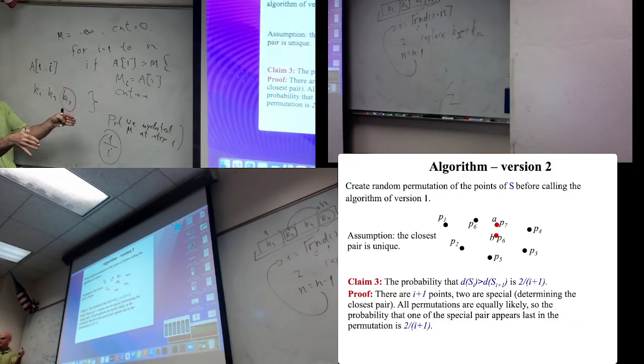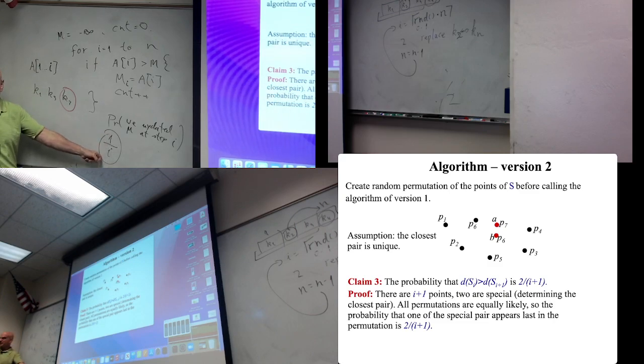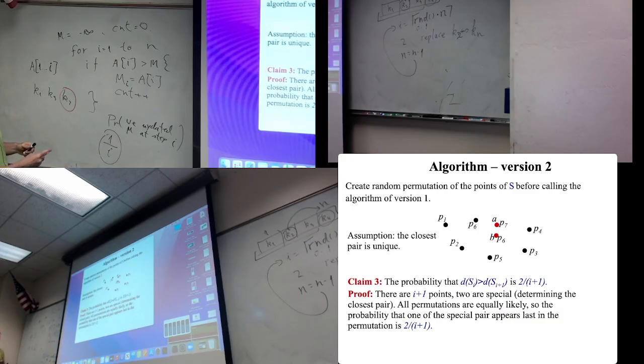You show me the elements, I'll tell you who is this special guy. What's the probability that the special guy is at the last? It's the same probability that it will be one before the last, the same probability that it will be the first. So it's completely symmetric. It's called backward analysis.